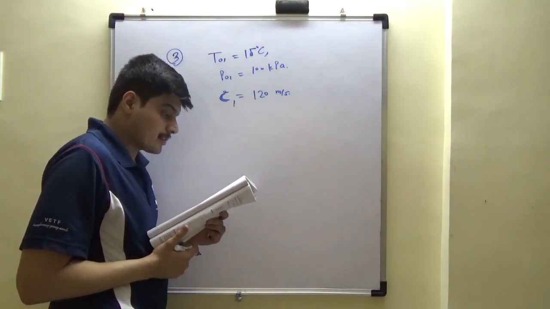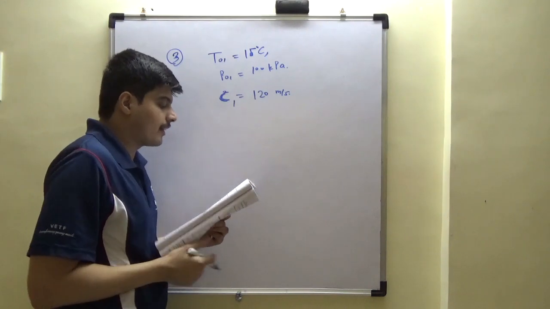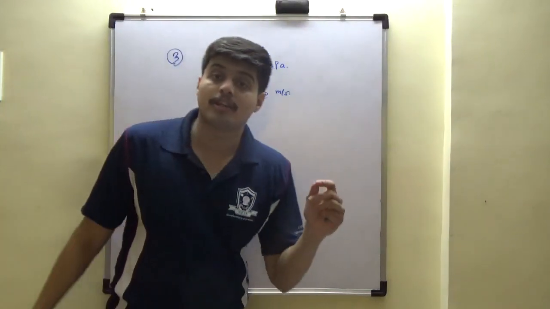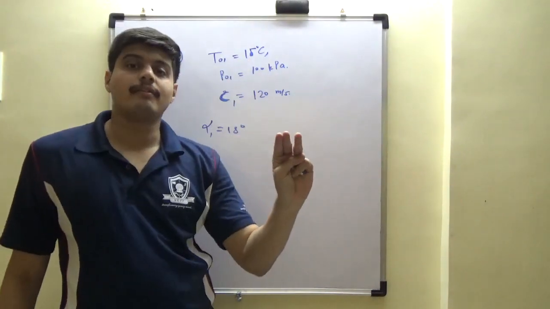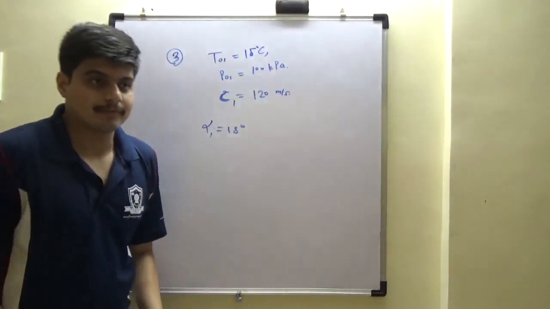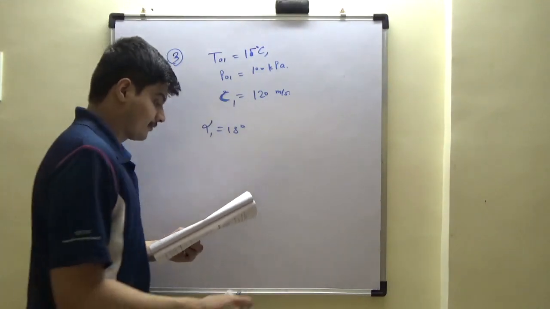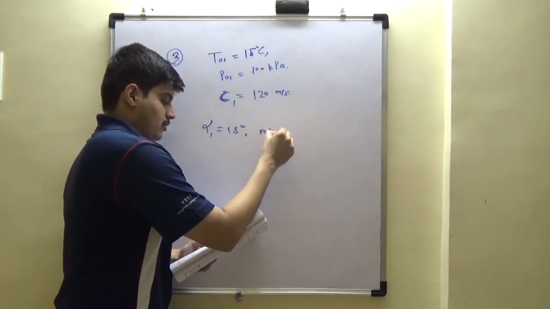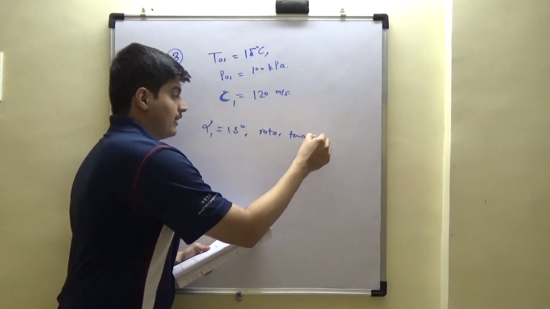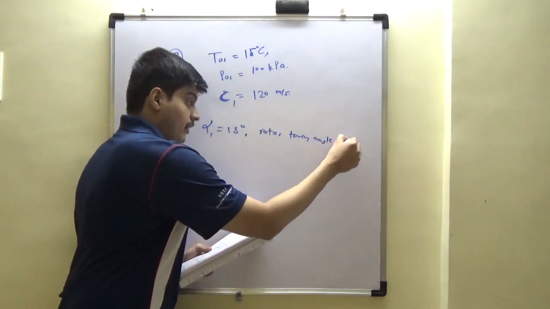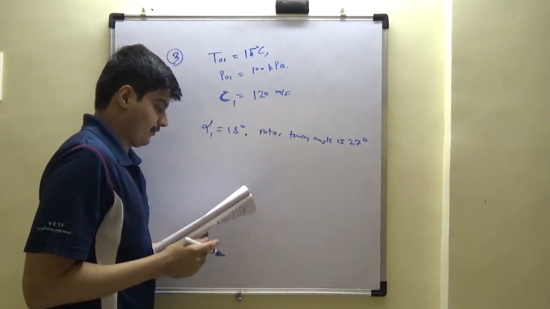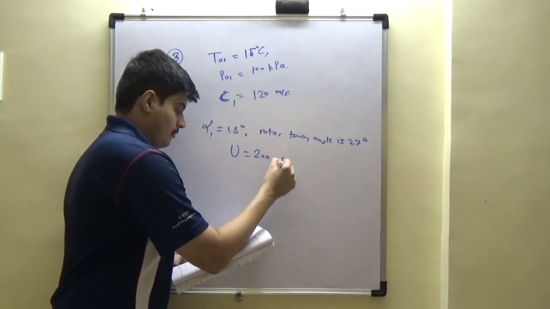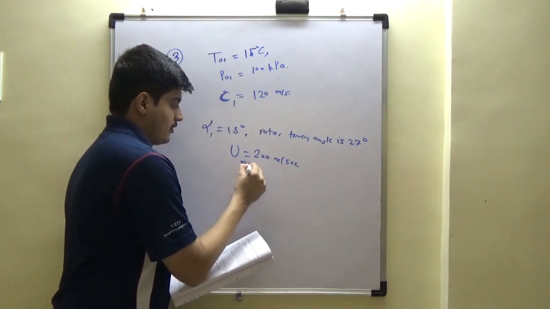Inlet guide vanes direct the flow to the rotor at angle 18 degree. Immediately I should translate the information like this. So there is an inlet guide vane which directs it, right? Rotor turning angle is 27 degree and rotor blade speed is 200 meter per second mean.